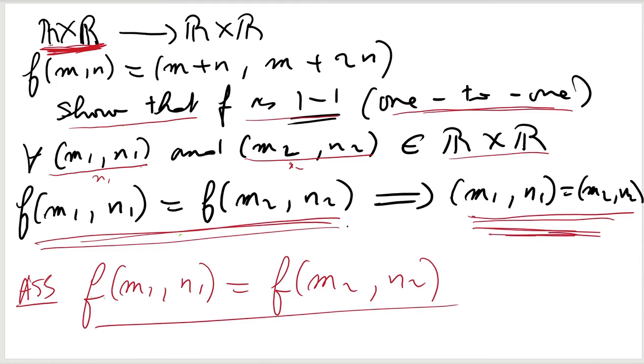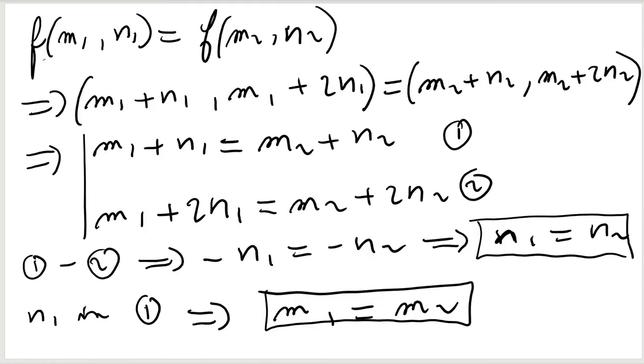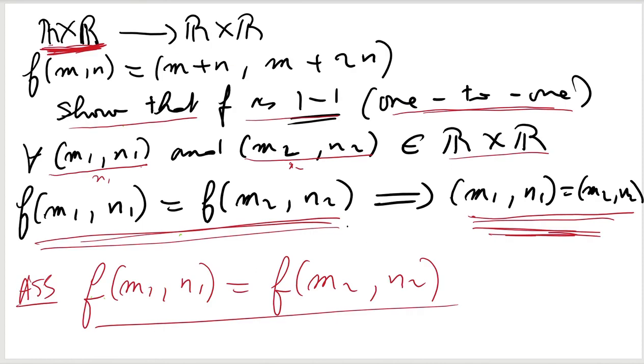So how to proceed? Because we assume this to be a true fact, we're just going to replace this value in the actual function. So this is how the function is defined: f of mn equal to m plus n, m plus 2n. If it's m1 n1, just replace m by m1 and n by n1 in this expression.